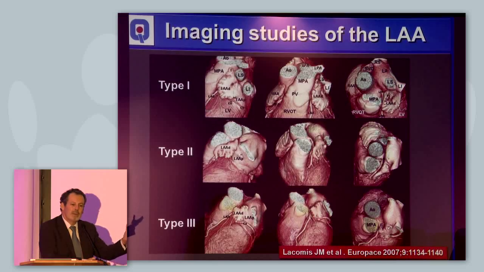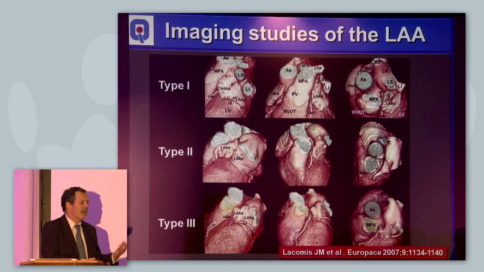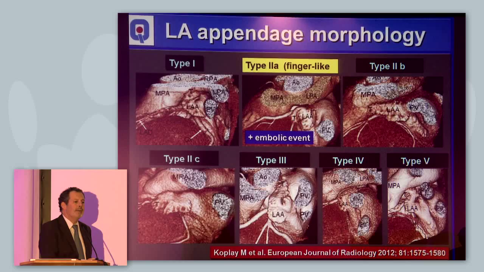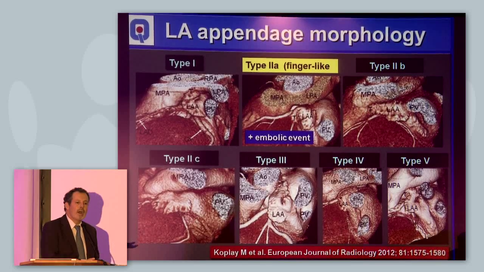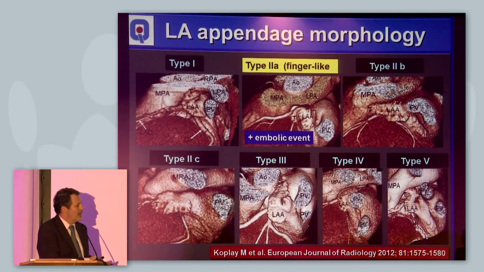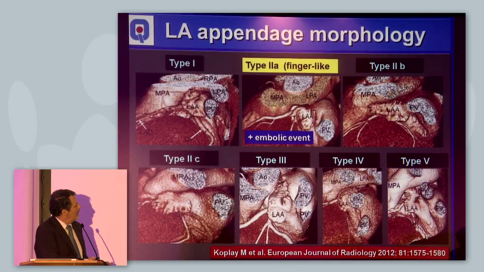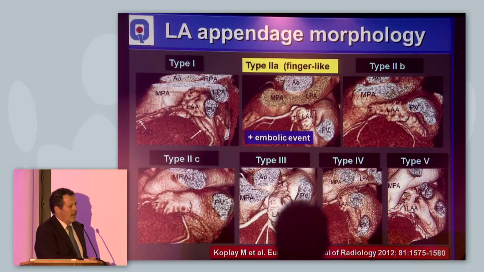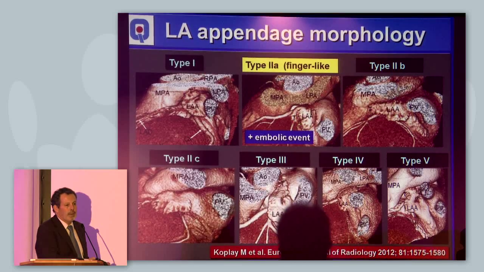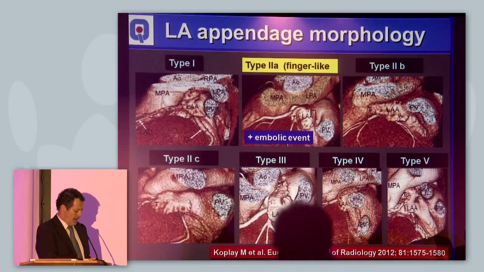We can distinguish the epicardial morphology of the left atrial appendage, taking into account the position of the tip. In this recent study, they showed that in those people with this finger-like morphology of the left atrial appendage, with the tip anteriorly and inferiorly orientated, the risk of embolic events increases.